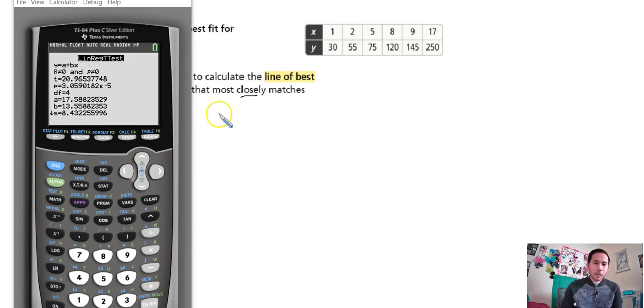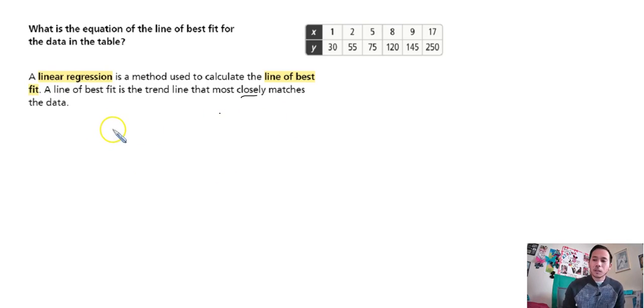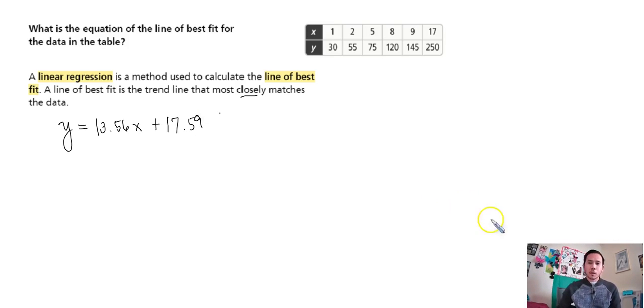So based on that calculator that I have there, I can now write the equation, which is y is equal to 13.56x plus my y-intercept, which is 17.59. So the equation of the line of best fit for the data is this: y is equal to 13.56x plus 17.59. So that is how you use your calculator there.